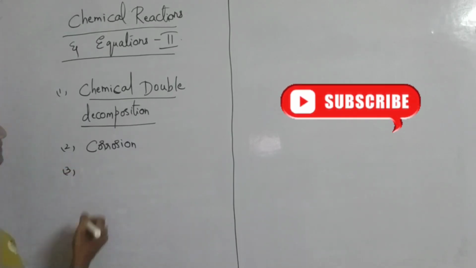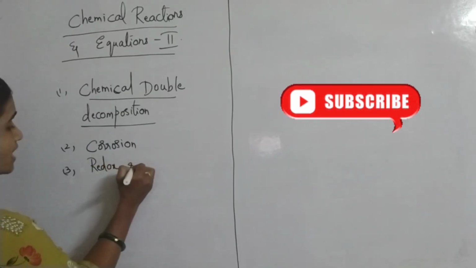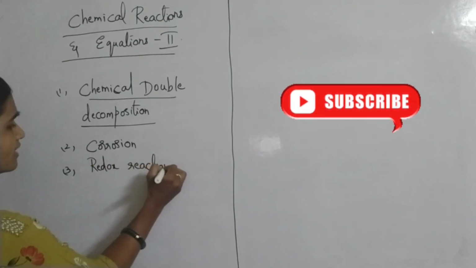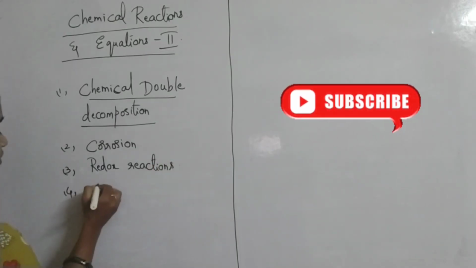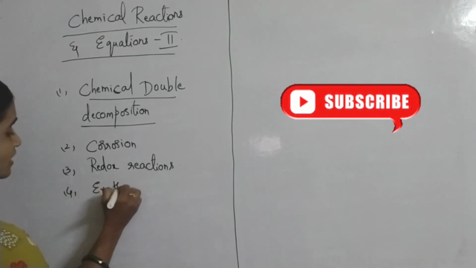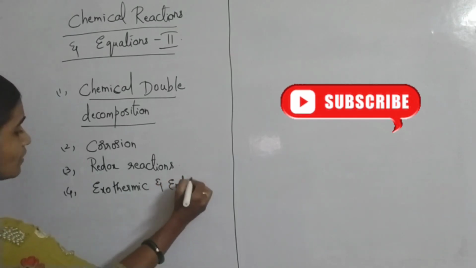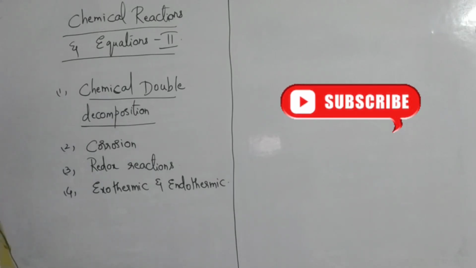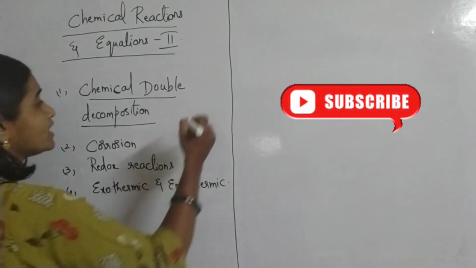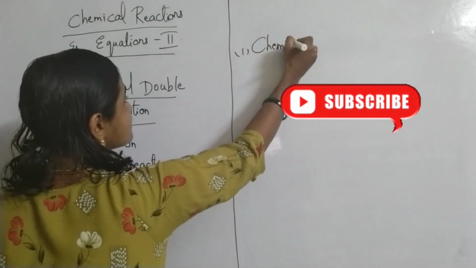We will also discuss examples of exothermic and endothermic reactions. With this we will be completing the types of chemical changes, or types of chemical reactions. So let us move on to the first one, chemical double decomposition reactions.